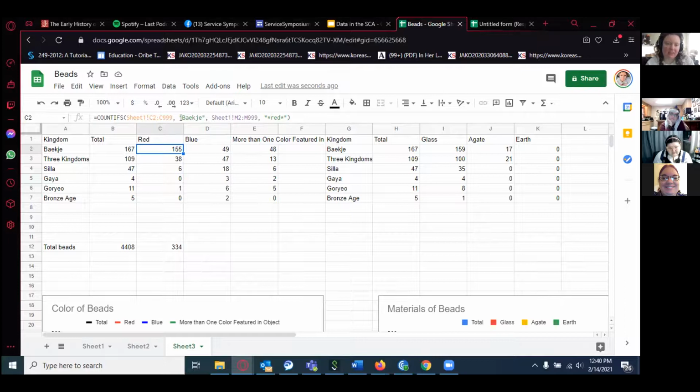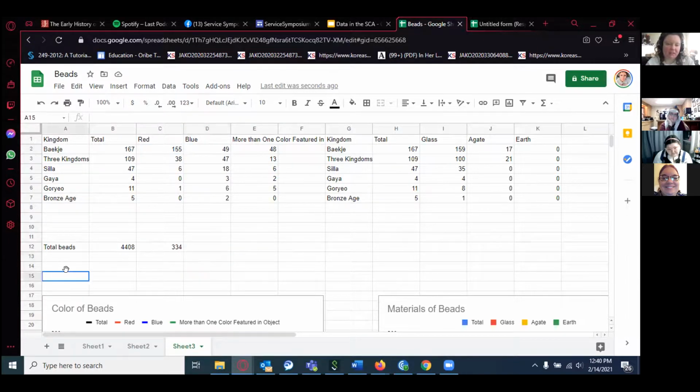And if it says Bakie, does it also say red in this column? You'll notice that this has asterisks around the red. That means specifically that there can be anything before the R in red and anything after the D in red. So in that example, I could have put green, red, blue in there, and it would still read red and accept it.